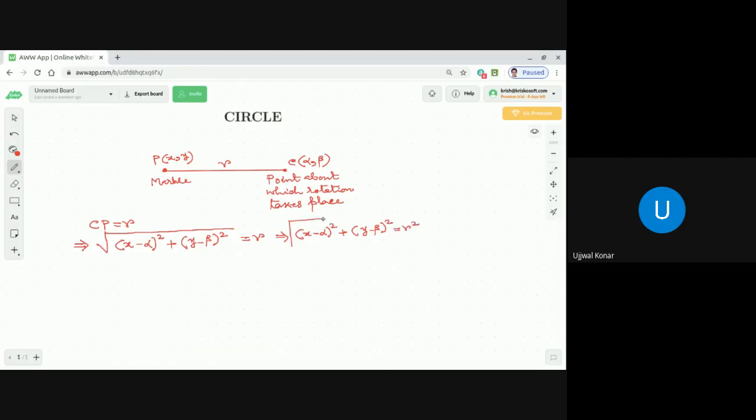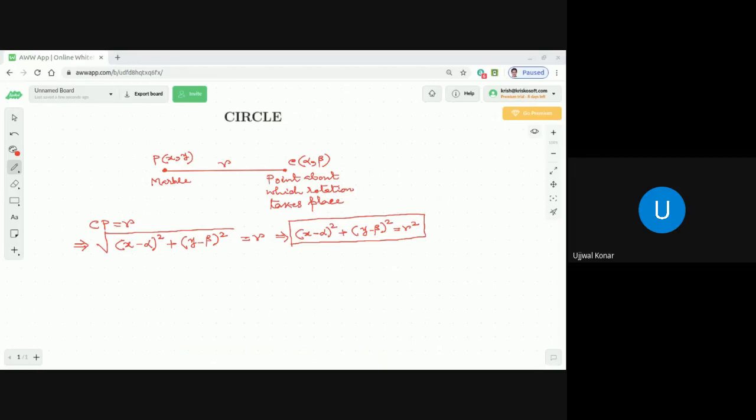And this is nothing but the equation of a circle with center having the coordinates alpha comma beta and R the radius. Correct? See how easily we are able to form an equation of a circle.